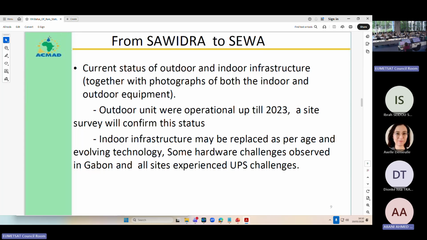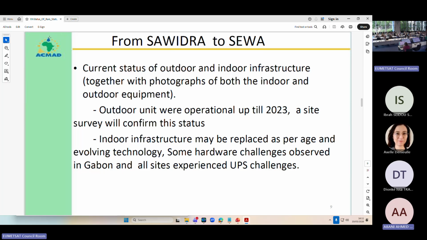So from SAWIDRA, as Antoine just explained, the new project, SEWA Africa, is now taking over. One of the key actions was to conduct a survey to know what SAWIDRA has done and what the current status of SAWIDRA is.